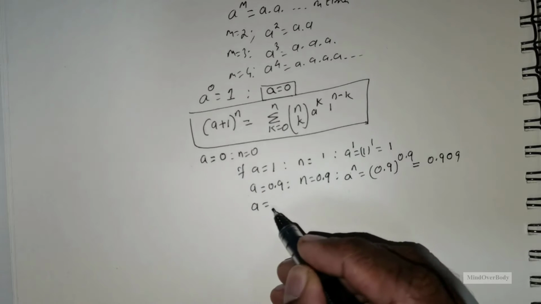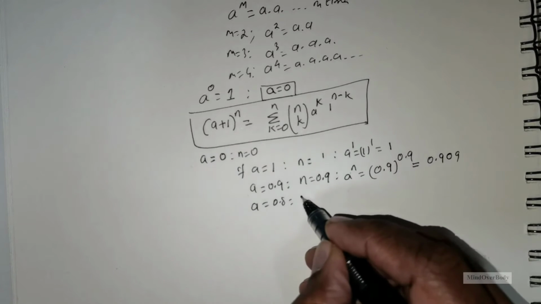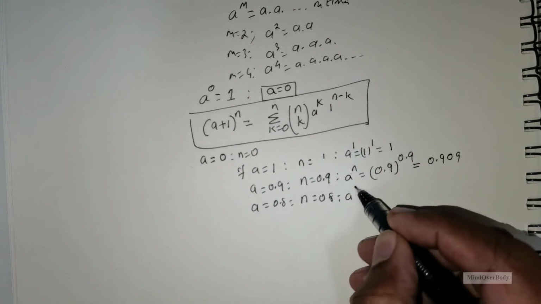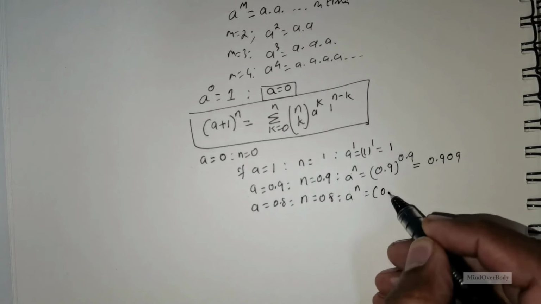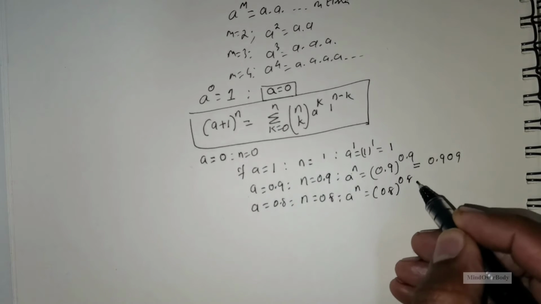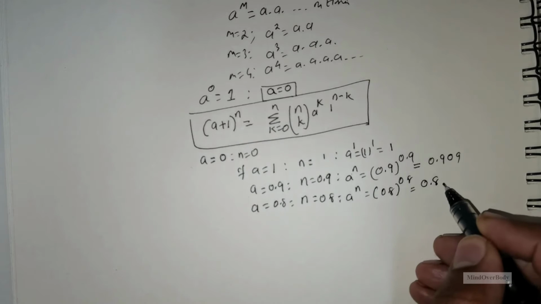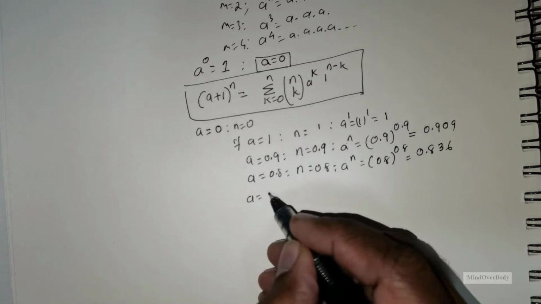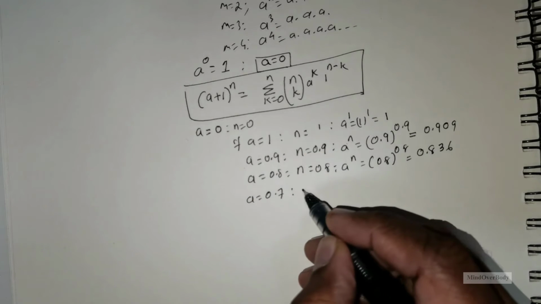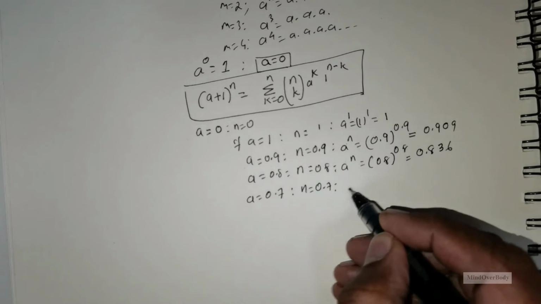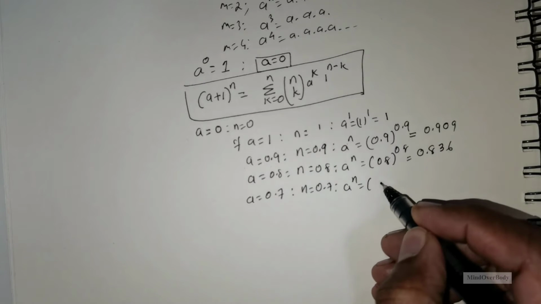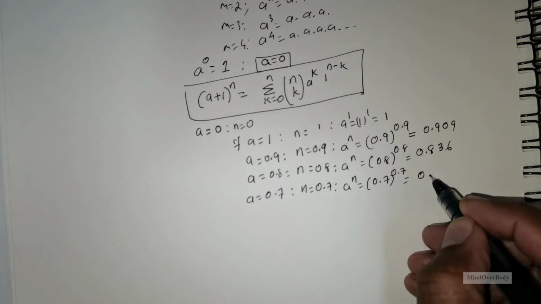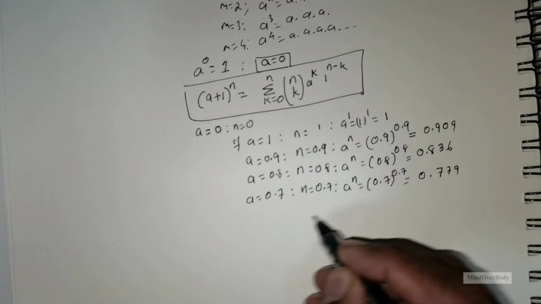Now when I take a as 0.8 and n as 0.8, a raised to the power n is 0.8 raised to the power 0.8, and the value would be approximately 0.836. Moving on, if I take a as 0.7 and n as 0.7, then 0.7 raised to the power 0.7 would be approximately 0.779.